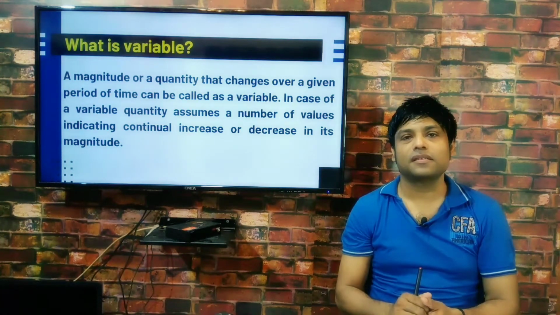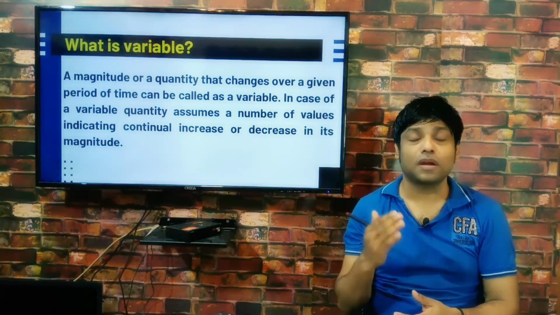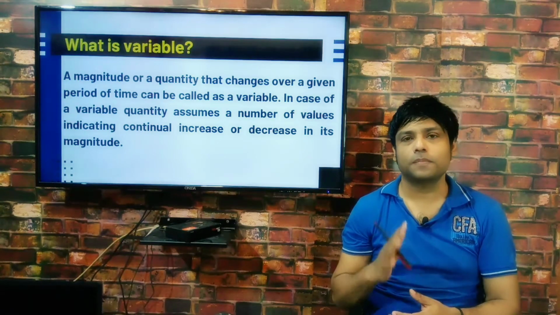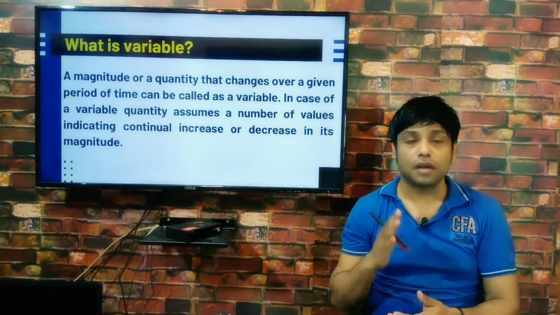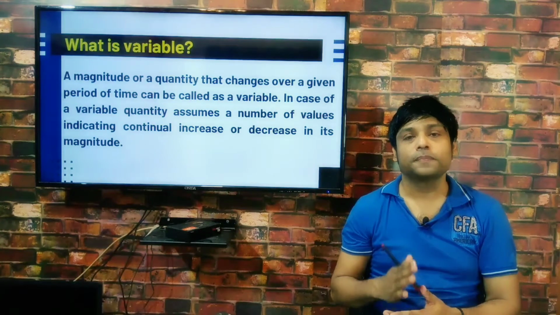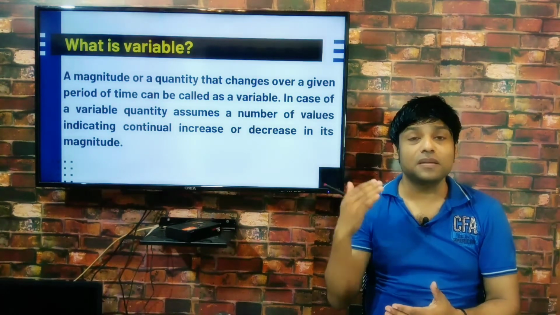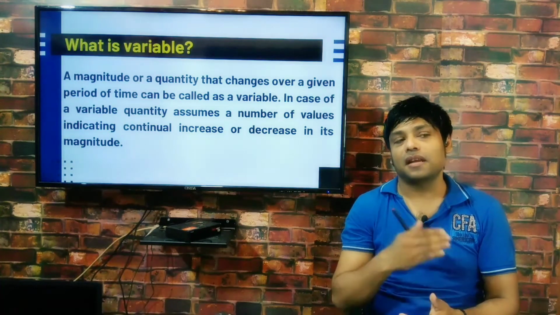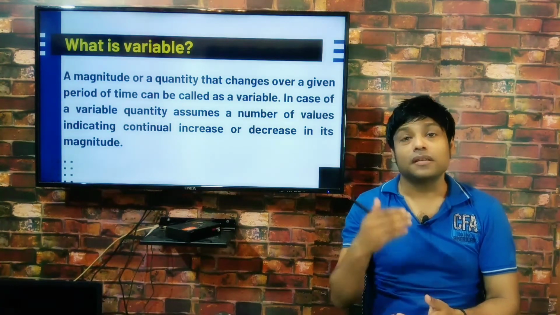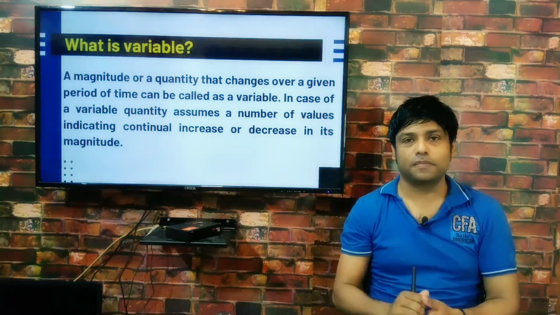For instance, if you take into account different levels of prices, incomes, employment, output, quantities of money, these changing magnitudes indicate that the quantities mentioned here are variables.